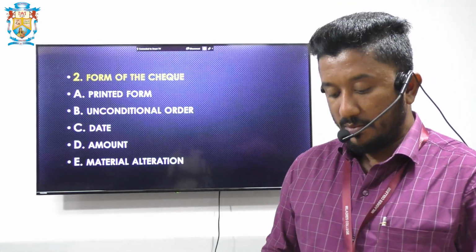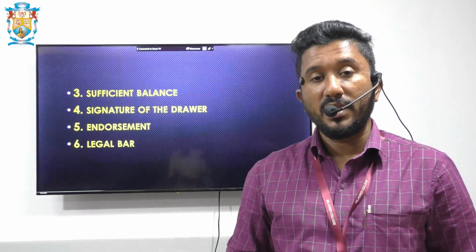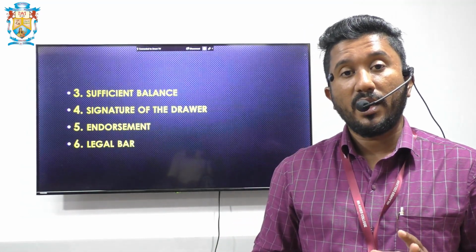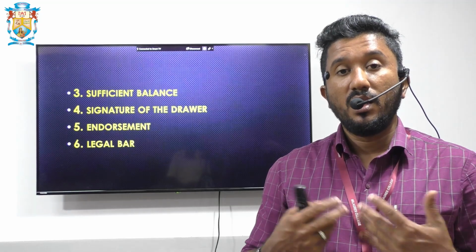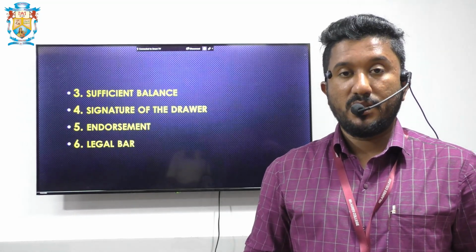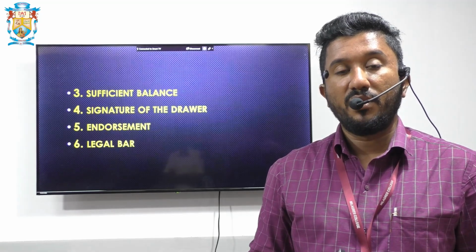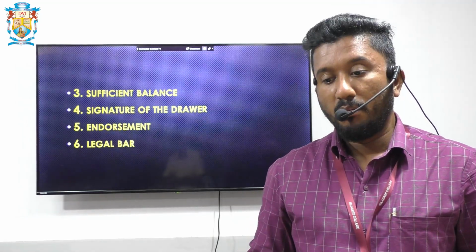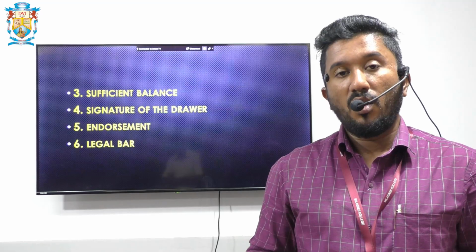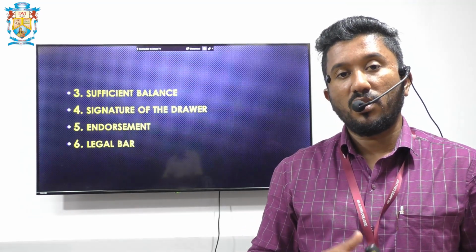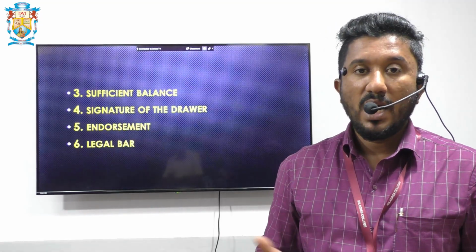So next one is sufficient balance. It is very important whether the customers have sufficient balance while making the payment. If the customers do not have enough balance in the account, or the account has zero balance or less balance, then they cannot accept the check.